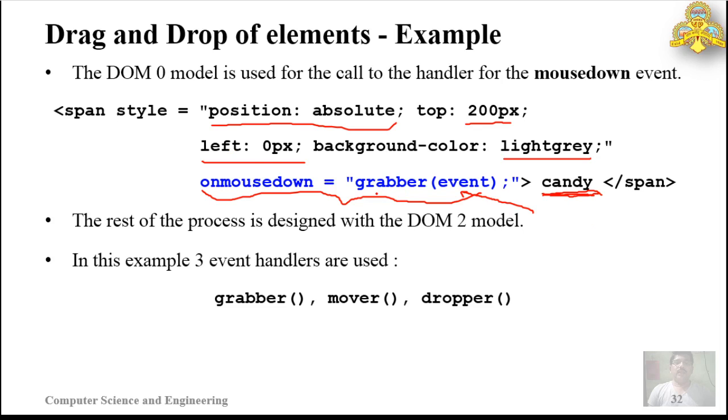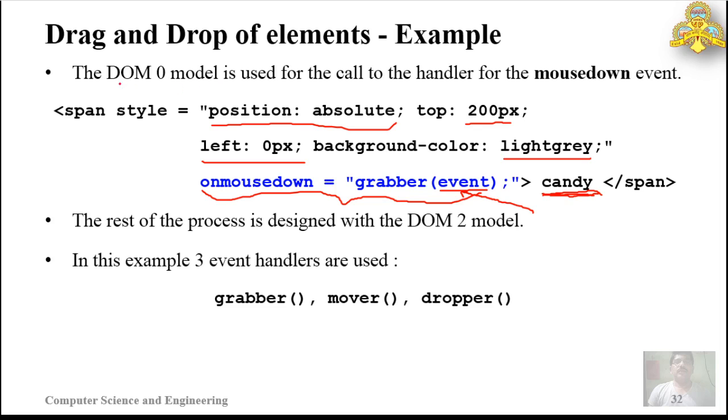Here is grabber, or any name you can give, but it takes one JavaScript object, that is event. We already studied event handling in Java programming, and exception handling, etc. Here event is a JavaScript object which represents the event that has occurred in the computer. So this is the DOM0 model.